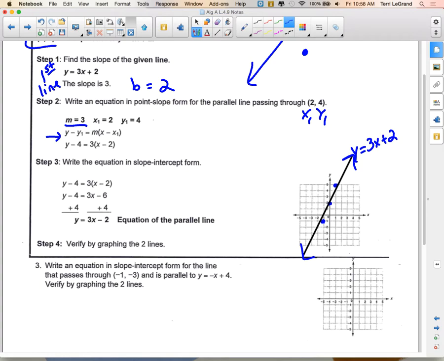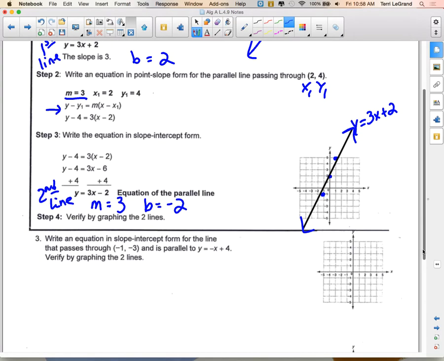Now, they say the second line, let's go over here and put here, second line, the new line. What's its slope again? What's the slope of the new line? It'd be 3, just like the other one. What's its y-intercept? Negative 2. So we're going to go to negative 2 and start.